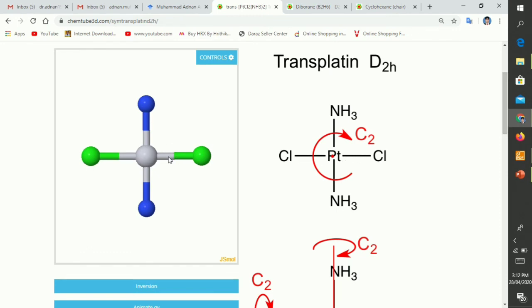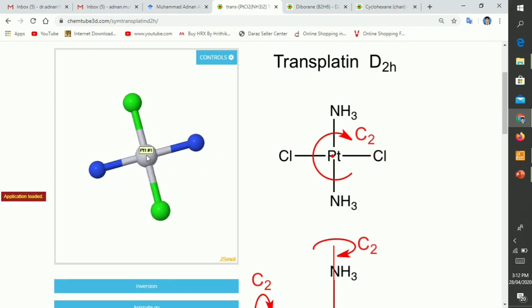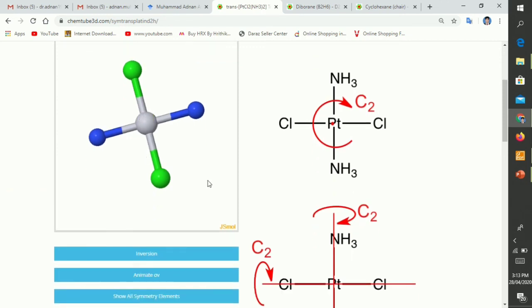Here you can see this is the C2. If you rotate this molecule about this axis of rotation clockwise or anti-clockwise, there is a C2 and there are two other C2s present. This would be the axis of rotation for C2 dash that I mentioned in my picture, and from the chlorine axis of rotation there is C2 double dash.